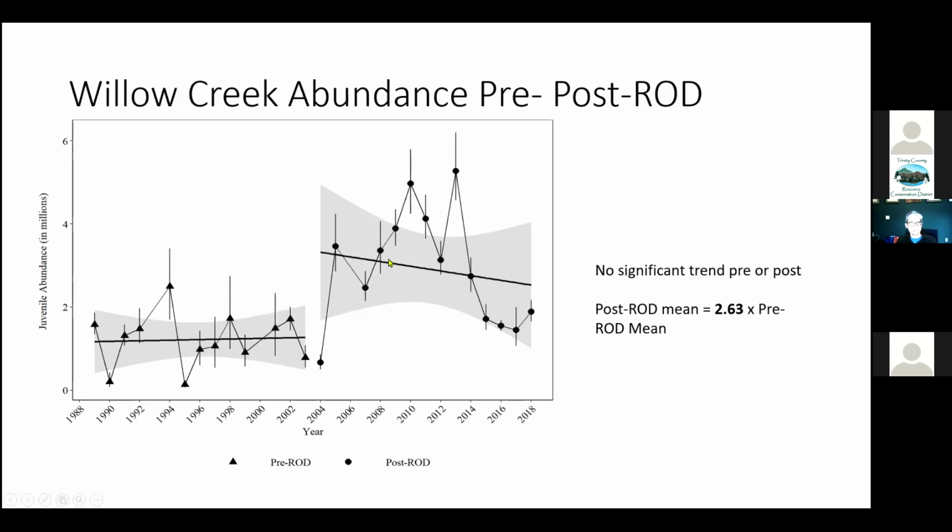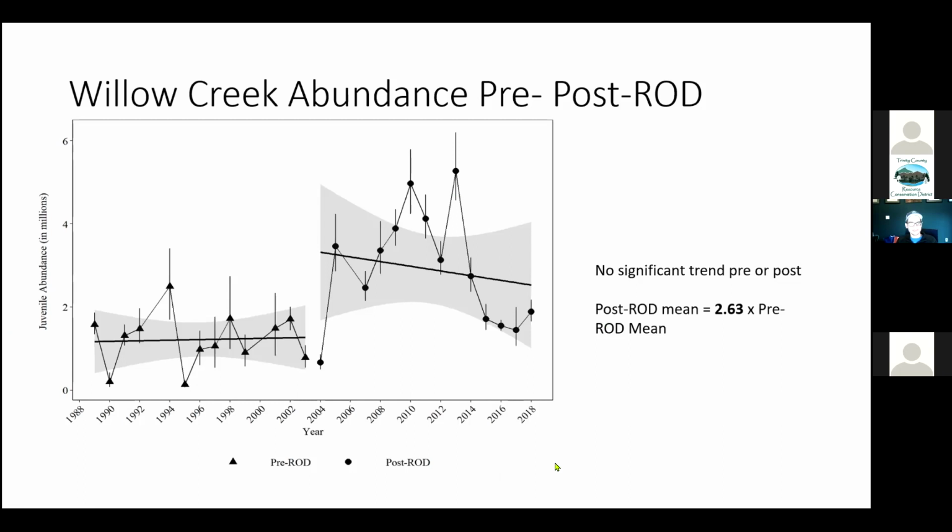Although this does look like it's trending down, it's not a significant trend. These are not significant trend lines. Looking at the post-ROD mean, the long-term mean is about 2.5 times what the pre-ROD mean was as far as juvenile abundance. To me, that's a real take-home positive effect. Who would think putting more water in the fish tank can hold more fish?